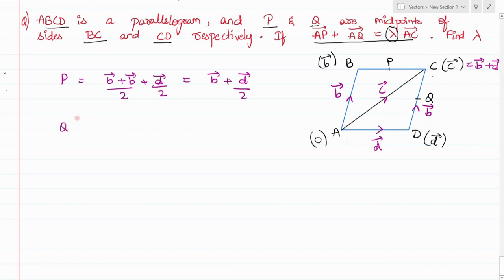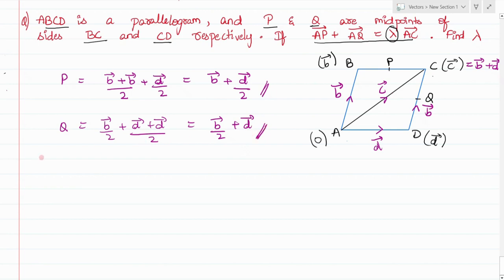Similarly, for Q, it becomes b by 2 plus d plus d by 2. We'll get it as b by 2 plus d. So midpoint P has this vector and midpoint Q has this vector.